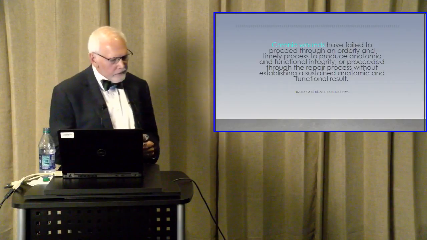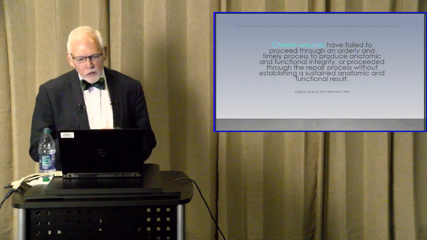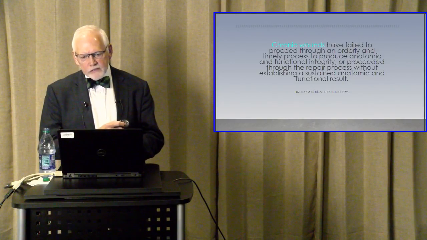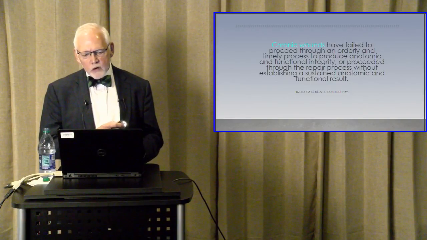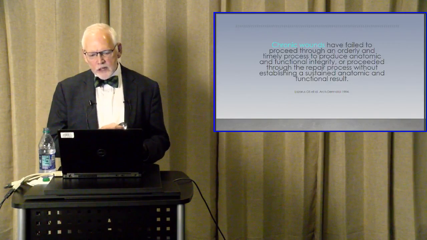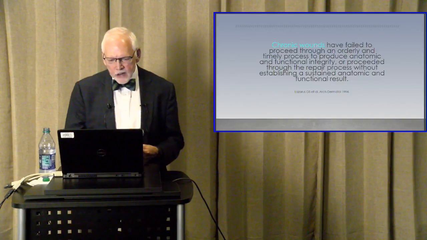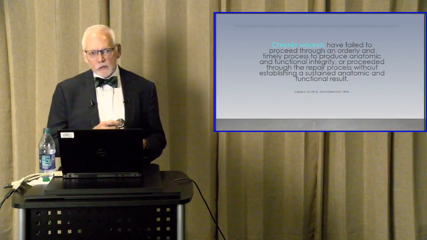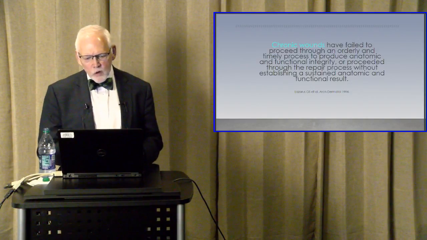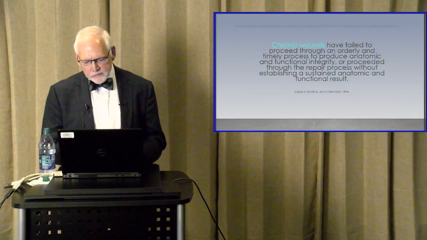So chronic wounds, as I mentioned, have failed to proceed through an orderly and timely process to produce anatomic and functional integrity, or they have healed but they haven't healed with normal function.